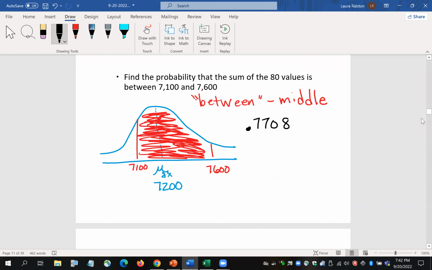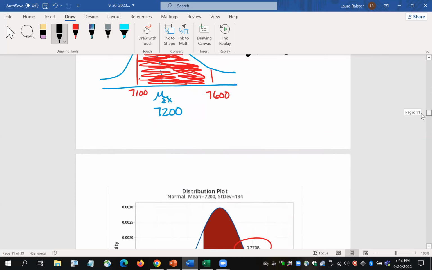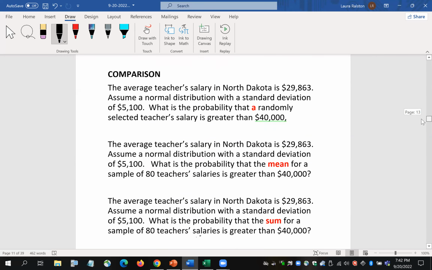Okay, so again, we're really just extending what we know about the normal distribution. We're applying the central limit theorem to force an unknown distribution to be normal, so then I can work the problem as if it were a normal. There are several things I would caution you about.